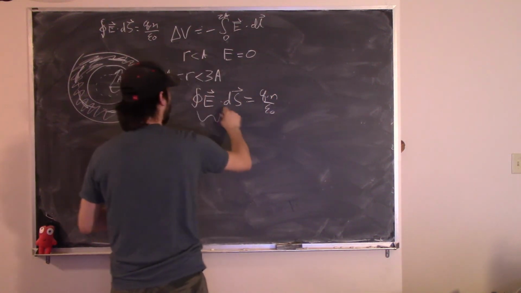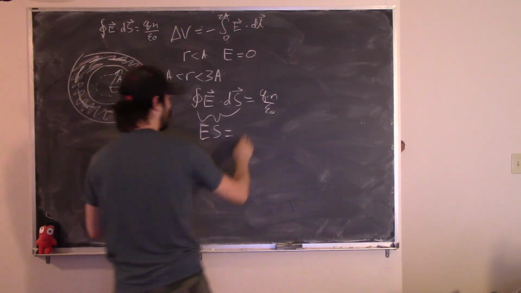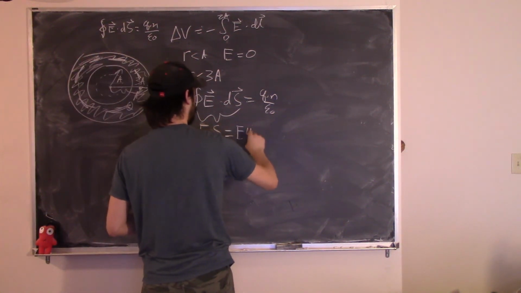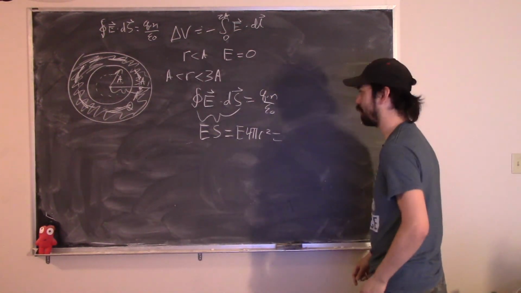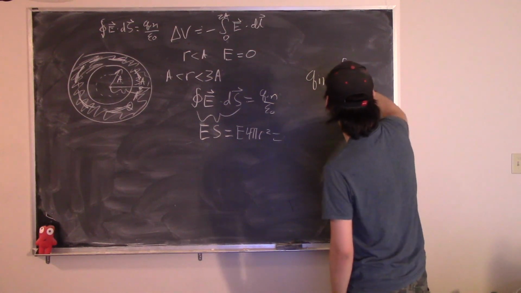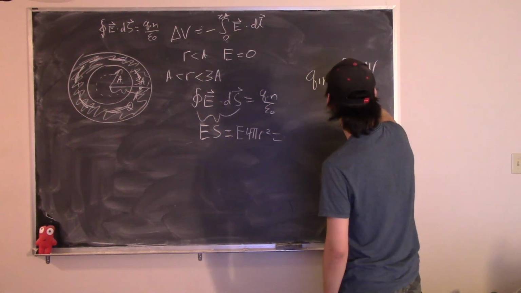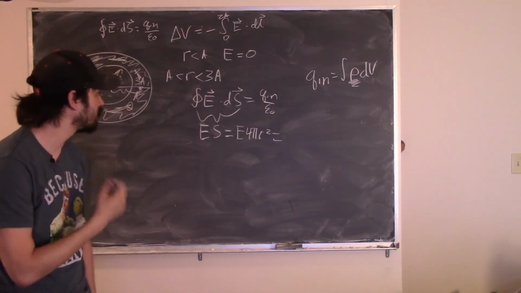The left-hand side reduces to E times S, and because this is spherical, E times 4 pi r squared. Because we have an insulator, Q enclosed is equal to the integral of rho dV. Looking at this, we're going to need to know what rho is.